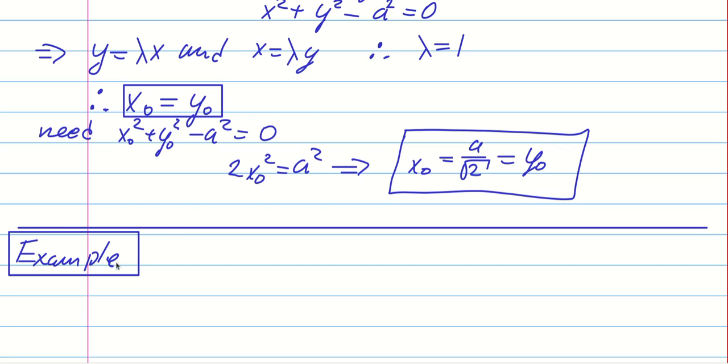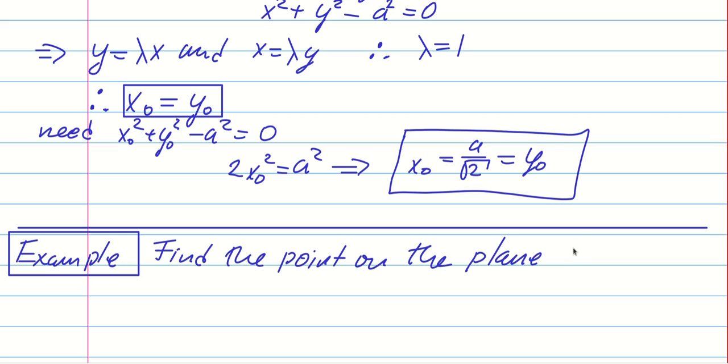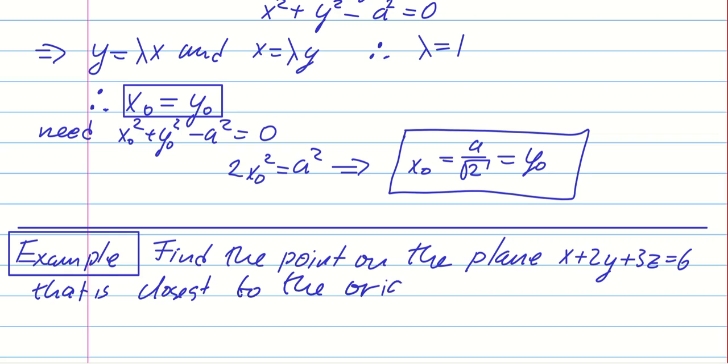We have to find the point on the plane x plus 2y plus 3z equals 6 that is closest to the origin. And our origin is given by 3 zeros.